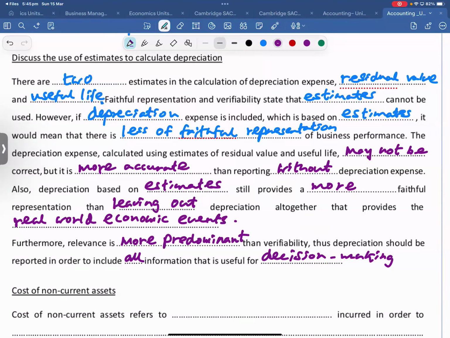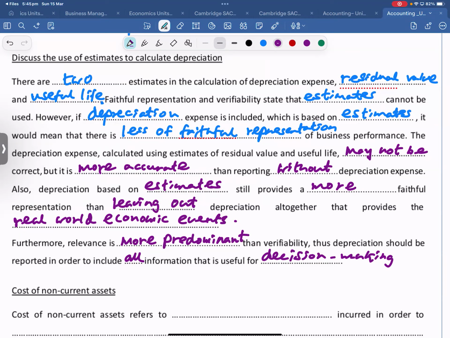Then, ethically, are we allowed to use the estimates to calculate the depreciation? Yes. Why is that?